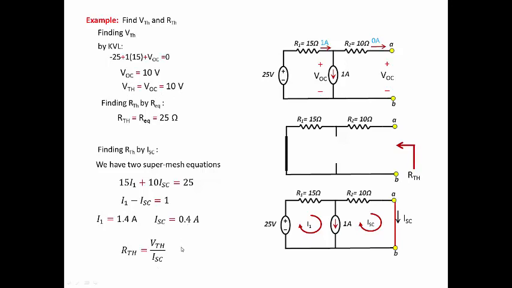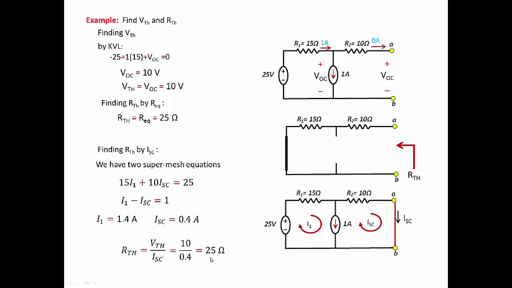Now 10 over 0.4 gives us 25 ohms. So clearly we end up with the same Thevenin equivalent resistance as the one used here. You can see that using the R equivalent method was much easier than using the short circuit method.